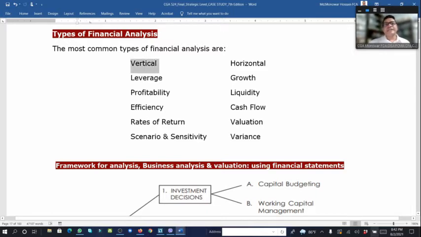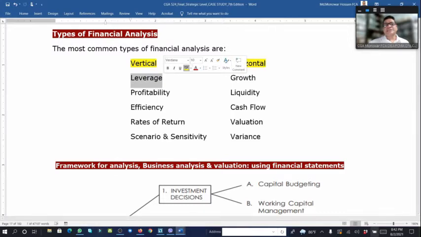There are some vertical analysis, some horizontal analysis, some leverage ratio analysis.